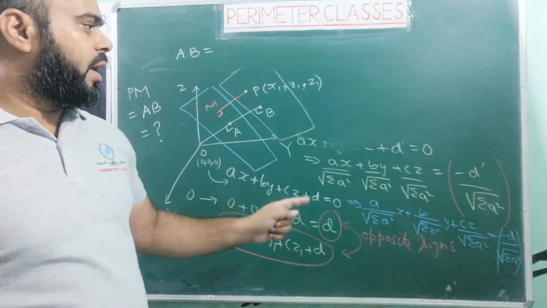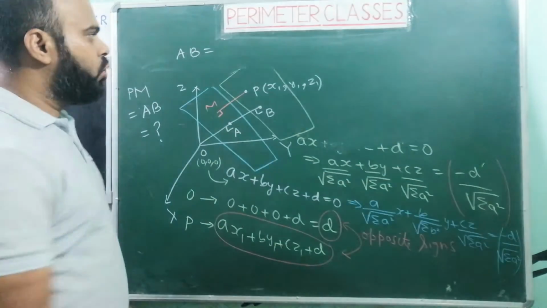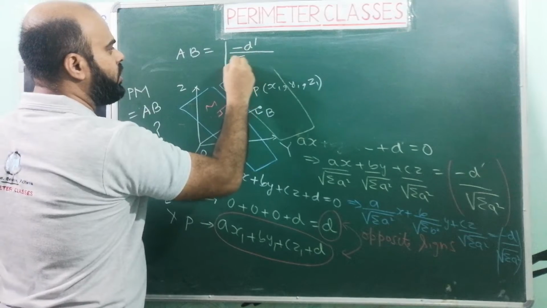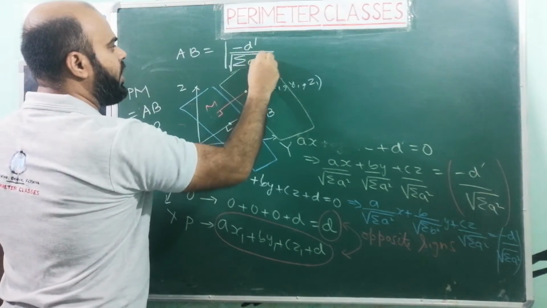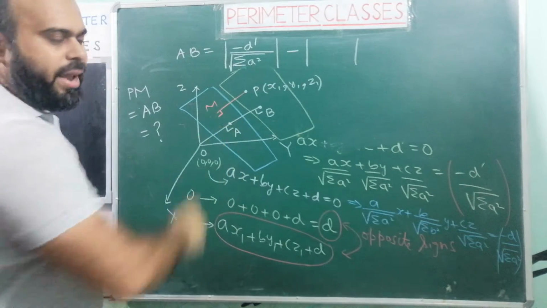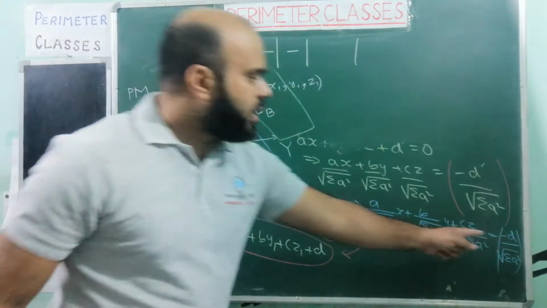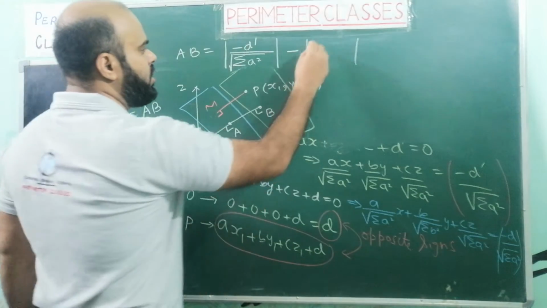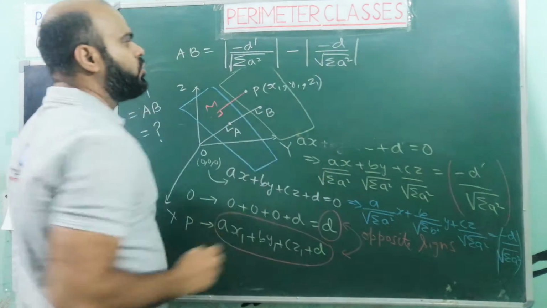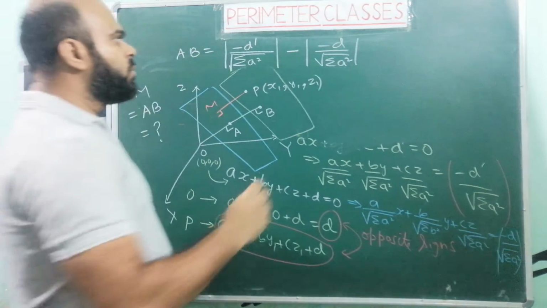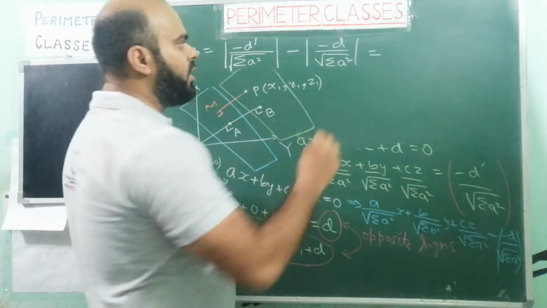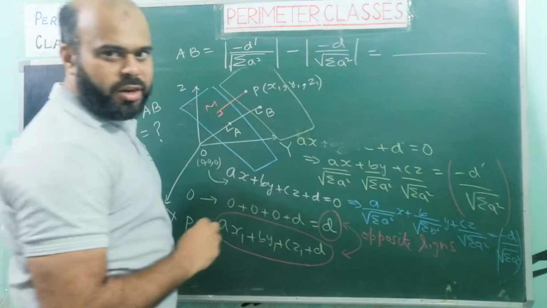OB is the magnitude of minus d dash by root over sigma of A square, minus OA. So what is OA? That is the magnitude of minus d upon root over sigma of A square. So we can write AB like this. Now let us take the LCM under the same denominator.